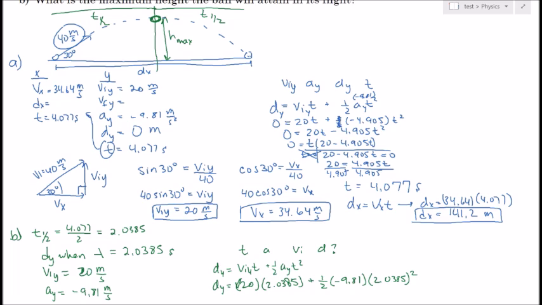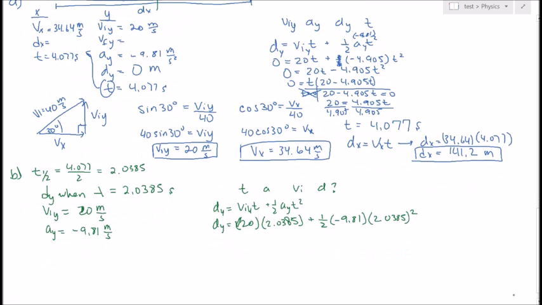Now we can actually go ahead and put these values right into the calculator. Now what we're going to get here is 40.77 minus 20.38, and that's going to get us 20.39 meters.